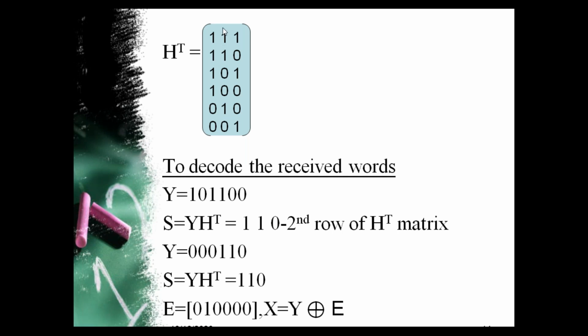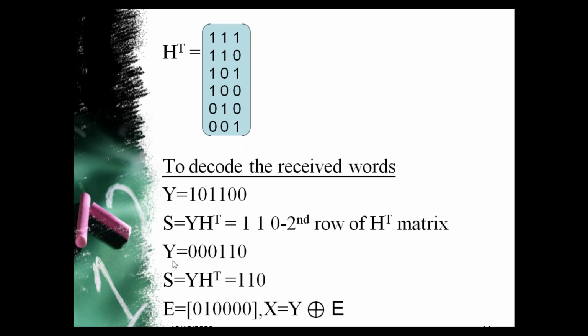Here compare with the H transpose matrix. It is the same as the second row of the H transpose matrix. It means that the error has occurred in the second bit. Therefore, we can correct that error by simply changing the second bit. The 0 must be replaced by 1. That will be the corrected vector.